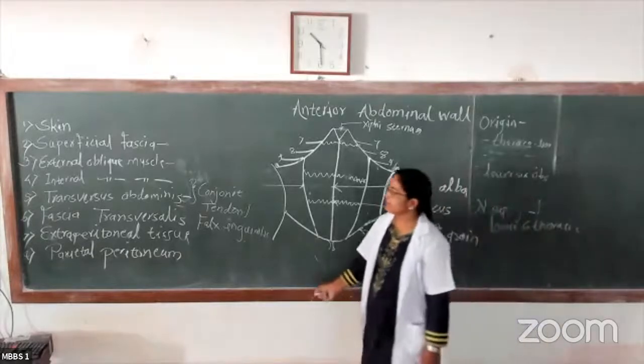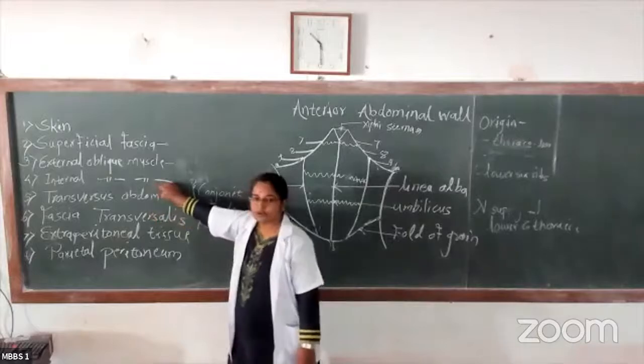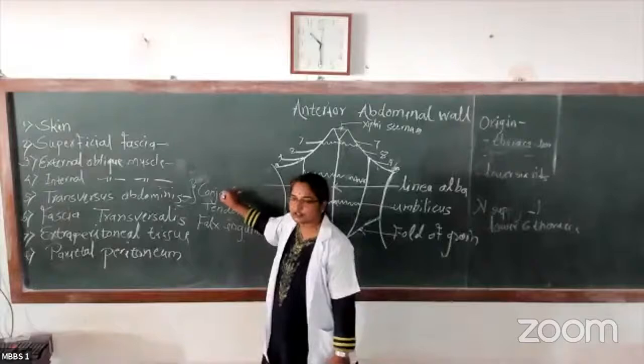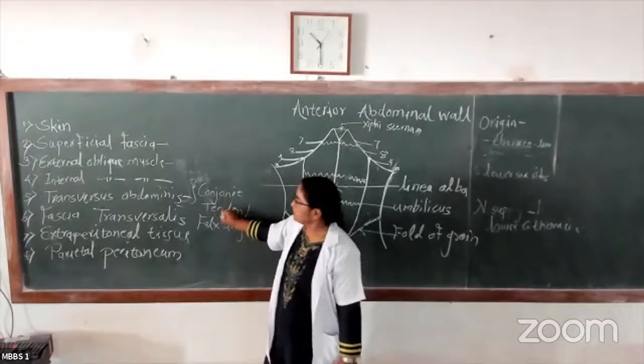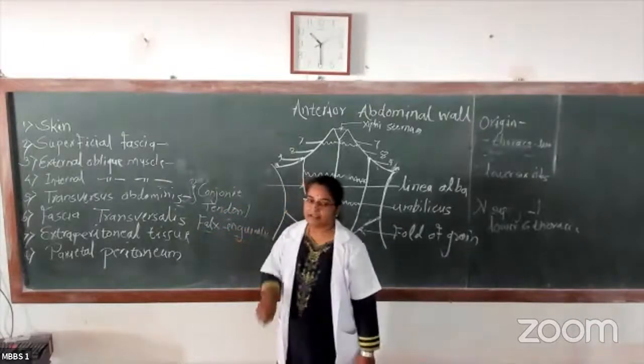The similar fibers fuse with the aponeurosis of the internal oblique to form the conjoint tendon, and this conjoint tendon is inserted on the pectineal pubis and pubic crest. This conjoint tendon is also called the falx inguinalis.